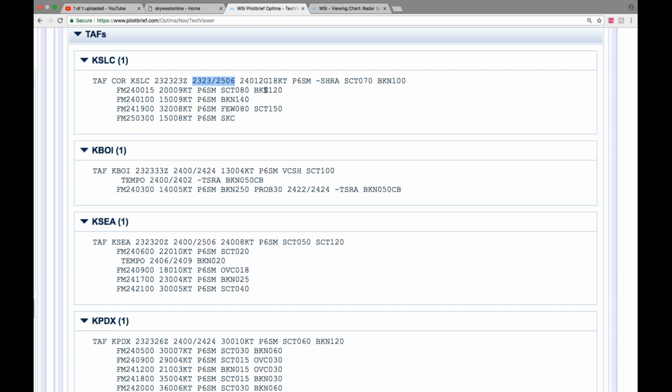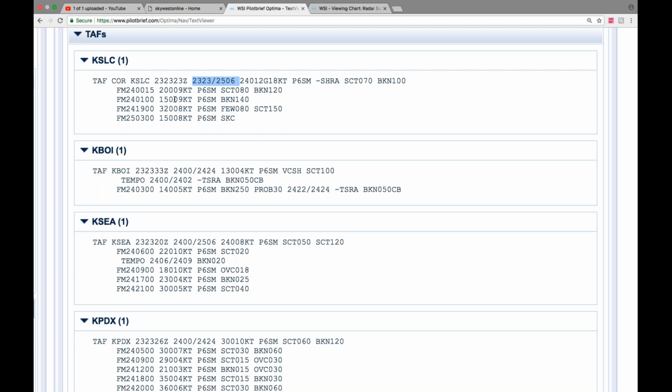There's some outstations like Minot or Houghton Hancock, where we don't get a TAF every 6 hours from them. So if we get a TAF for Houghton Hancock, this valid time is pretty important.